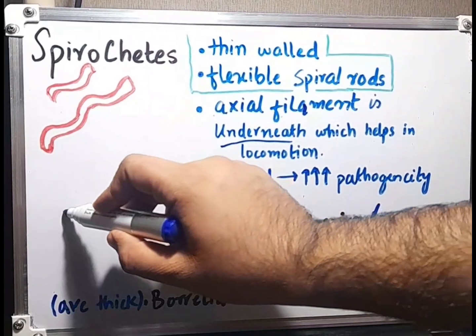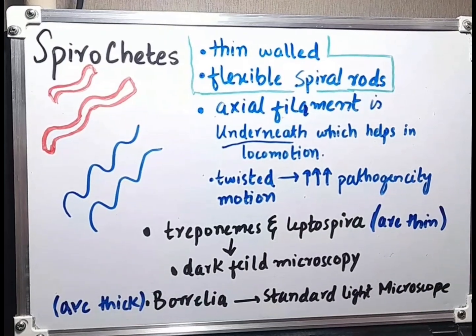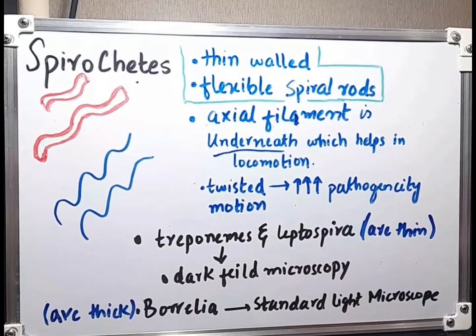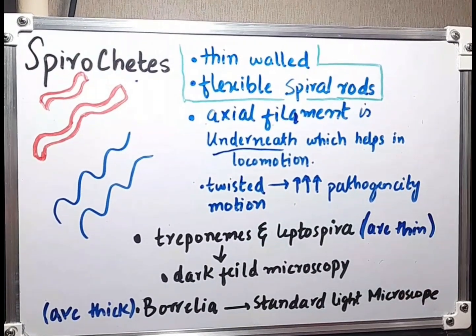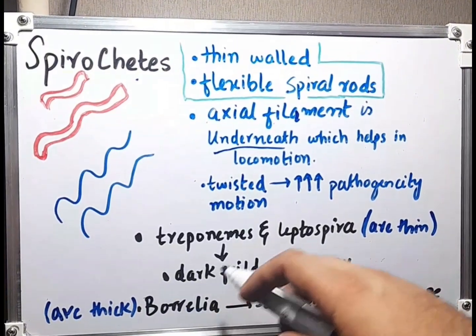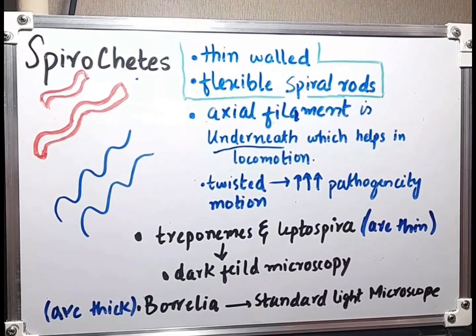They move spirally inside the host. So, the twisted motion of these spirochete bacteria increases their pathogenicity. Treponema, Leptospira and Borrelia are the typical examples of this spirochete family.